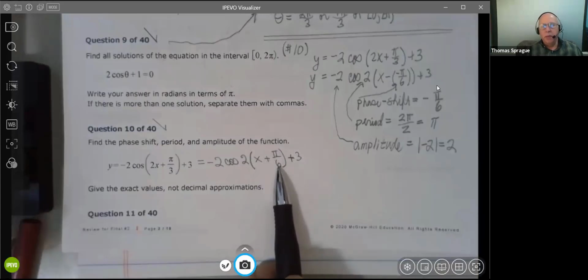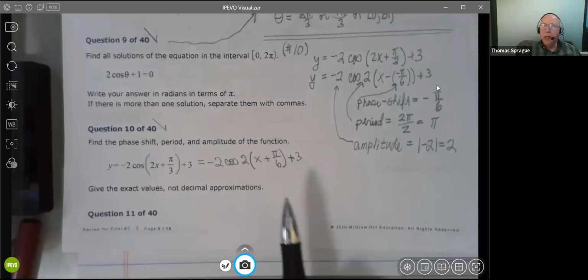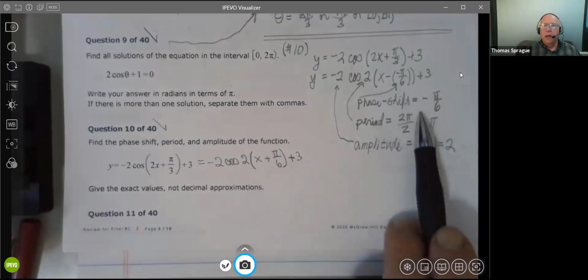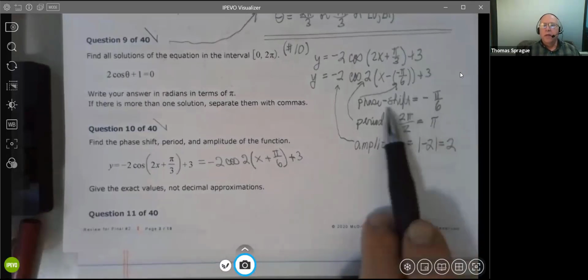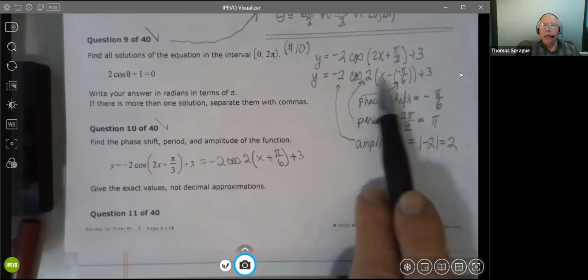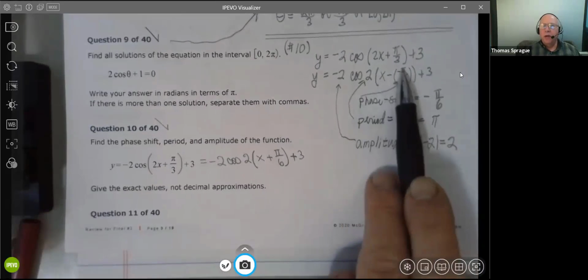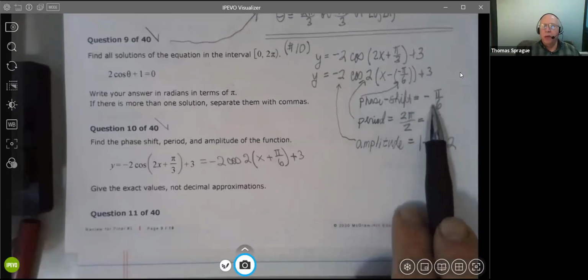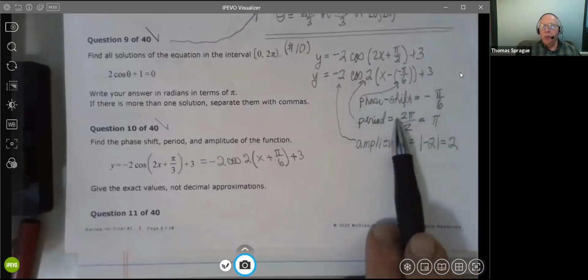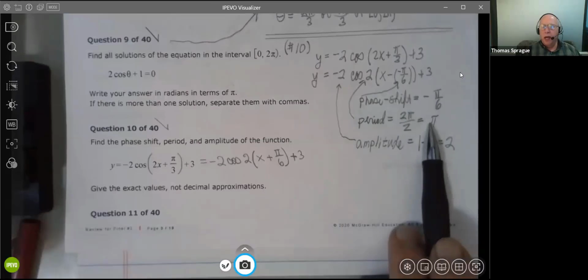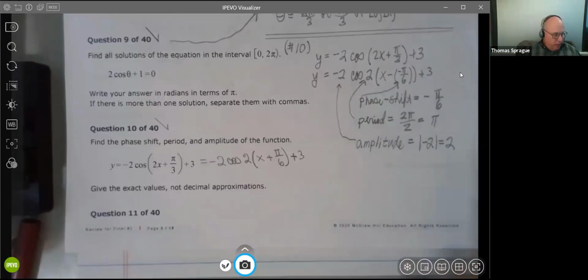So the phase shift is minus pi over 6. That's this. You factor the 2 out and get x minus a minus pi over 6, plus 3. Phase shift is minus pi over 6. Period, 2 pi over 2, which is pi. And the amplitude is 2.